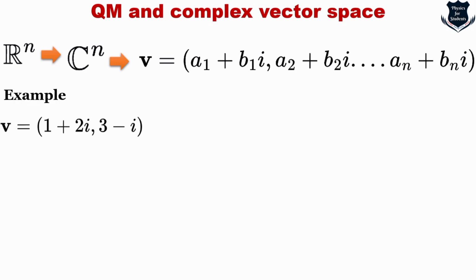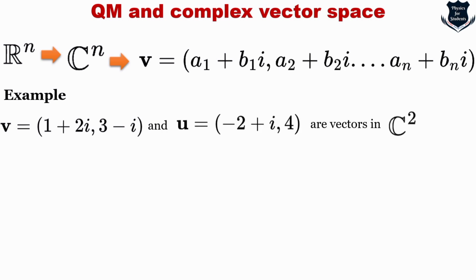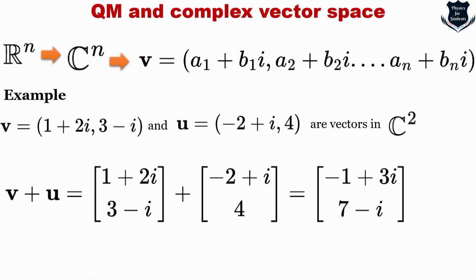I will show you a pretty simple example, because without an example things are not clear. I take a vector in the Cn form, and I take another vector u. These are vectors in C2, that is in two dimensions, and when I add them I get this. That's simple, just showing you how the vectors operate.